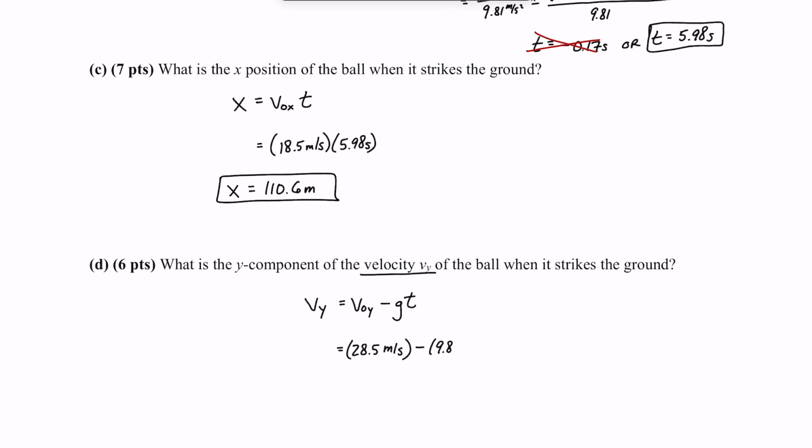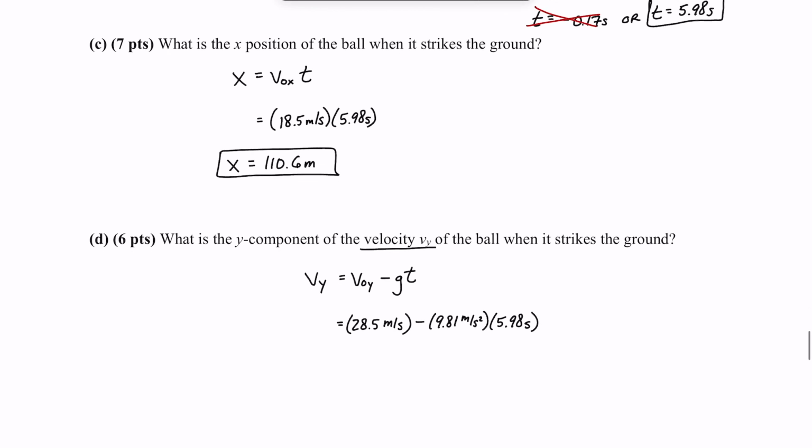We know the value of g, and we calculated the time in the air in part B, so we actually know everything here and just need to calculate it. Doing so, we get that the y velocity when the ball is just about to strike the ground is equal to negative 30.16 meters per second.